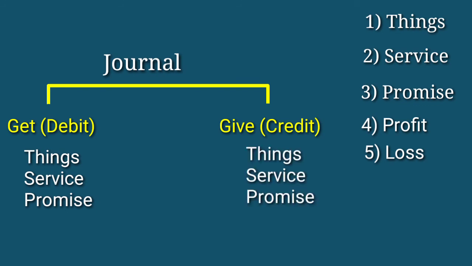Same way, if you give anything, you should credit. If you give any service, you should credit. And if you give any promise, that also you should credit. And if any profit is there, you should credit. And if any loss is there, you should debit. Okay, these are the concepts behind debit and credit.